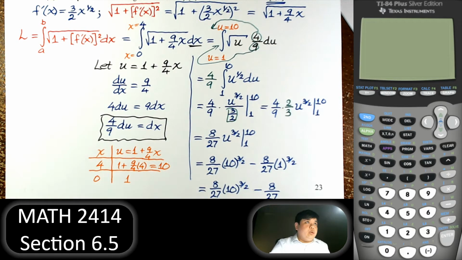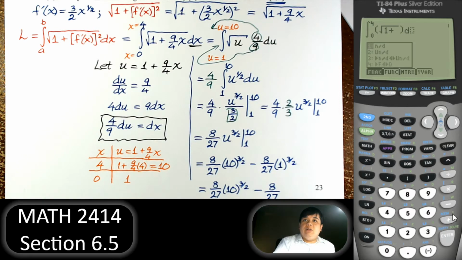Right, let's use a calculator to check the work. Math, number 9, going from 0 to 4. And we have the square root of 1 plus 9 over 4x dx.